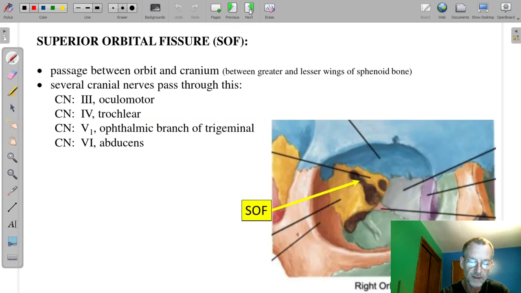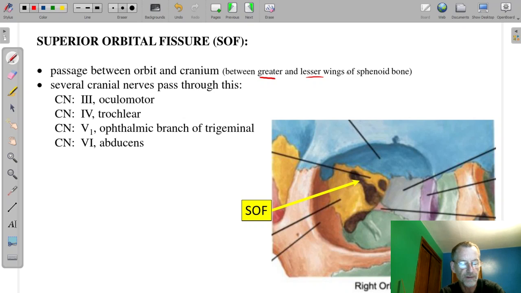So next slide. We've already talked about the superior orbital fissure, the SOF. You should be able to identify it and know that it's a feature of the sphenoid bone, sort of between the lesser wing and the greater wings, and that several nerves pass through it. So pretty soon you should be able to rattle off those cranial nerves that pass through the SOF.